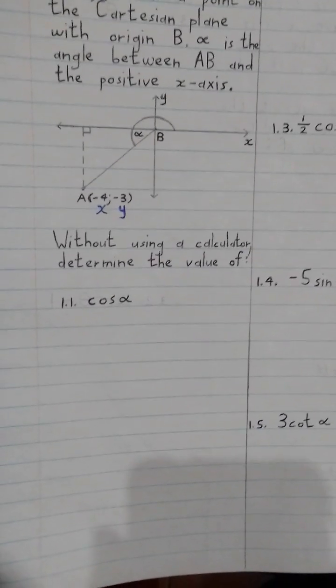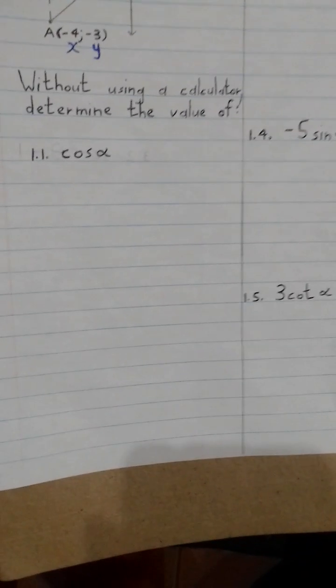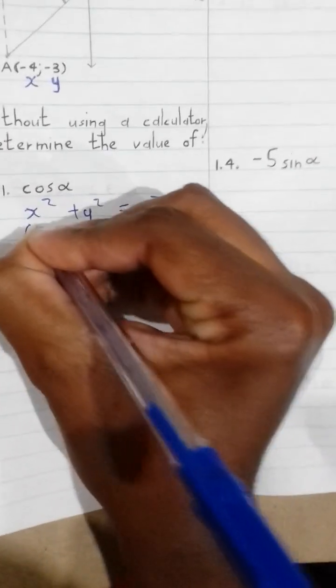So we have x and y. Remember, cos is x over r. So first we need to calculate r. So x squared plus y squared is equal to r squared. And this is the Pythagoras theorem.